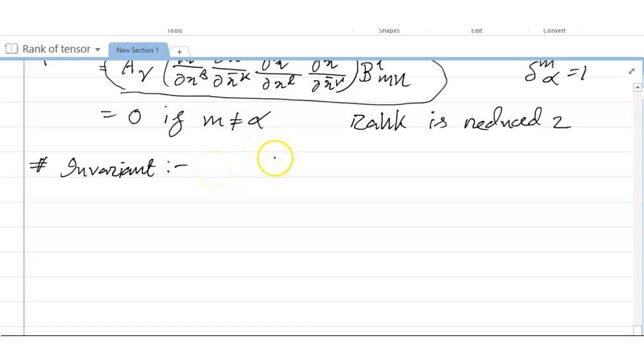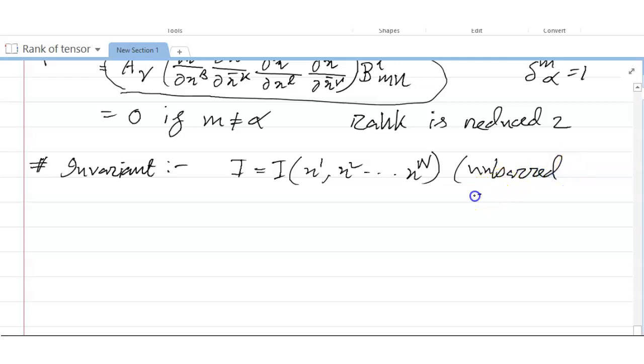Invariant means let I be a function of the coordinate system x1, x2, ..., xn, the unbarred coordinate system, and of the barred coordinate system functions, then I is equal to I bar.